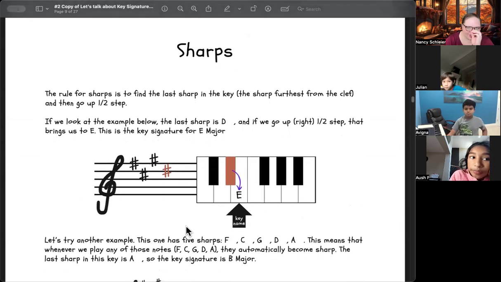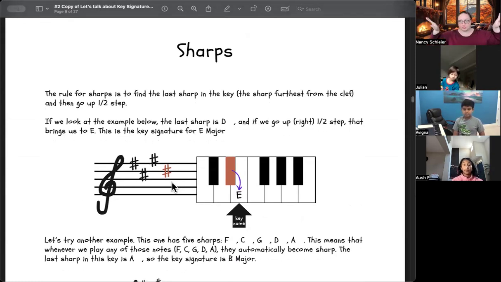All right, so let's go ahead and talk about sharps. The rule for sharps is a little different than the rule for flats. So it's really important to remember that these are two different rules, okay? Sometimes we get them confused. So I really want us to know the differences and have them really set apart.